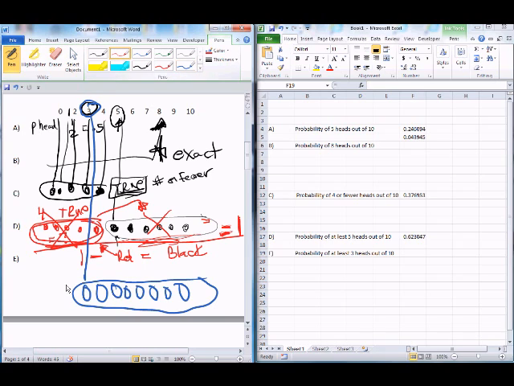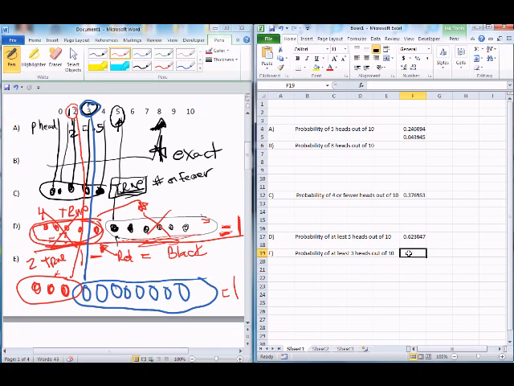So I have to calculate the numbers on the other side, which are 2, 1, and 0. So I need to calculate the probability of 2 or less, and the way to do that is to use 2 and true. Then I'm going to take 1 minus this, right? These both add up to 1. I'm going to take 1 minus the red, and it's going to equal the blue.